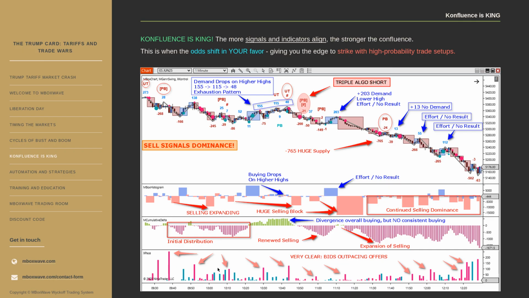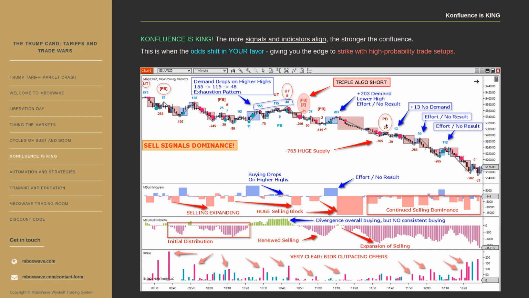All throughout the X pace, we see very clearly the bids, the red bars here, are outpacing the green bars. I'd like to now look at these signals here. I want to show that 1, 2, 3, 4, 5 signals on this chart, if you would have taken them without looking at anything else, would have worked out.